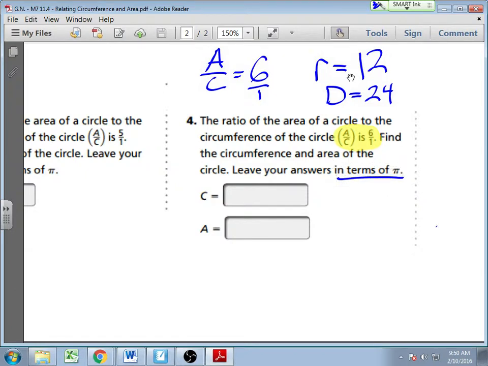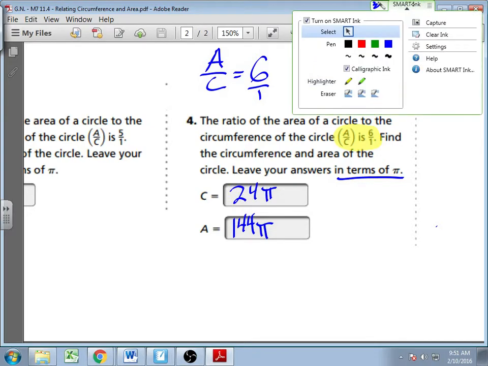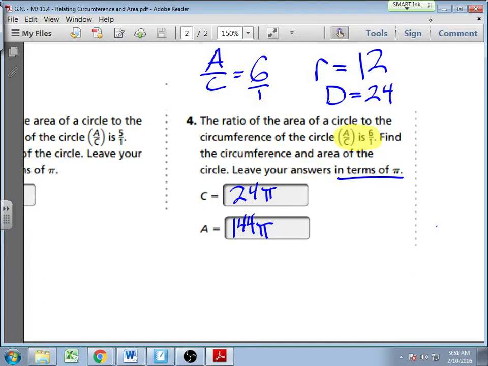Give me area then. 452.6. Ooh, you calculated it. We want it in terms of pi. So you would have just undone your multiplication by 3.14 and you would have gotten 144 pi. And your circumference here should have been, anyone? 24 pi! 24 pi. Please do your practice. Come to class with questions tomorrow if you have any.